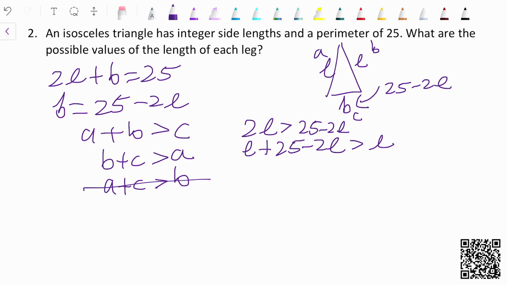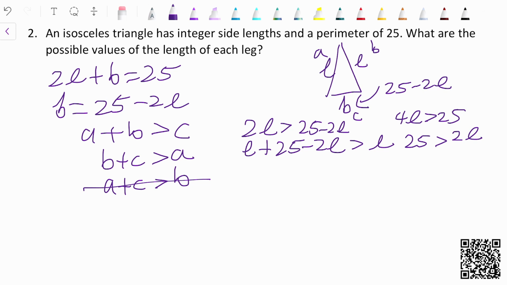Moving the 2L to the other side for our first one, we're going to get plus 2L on both sides, so 4L has to be greater than 25. Same for the bottom one, we're going to move the plus 2L to the other side first. We're going to get 3L, and therefore then subtract an L, so 25 has to be greater than 2L.